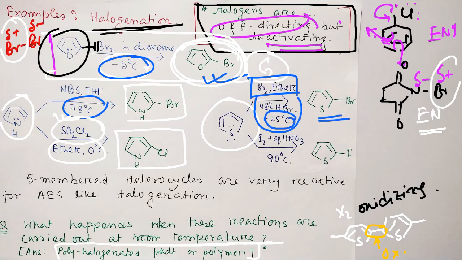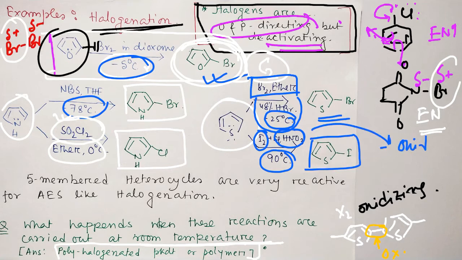And in the case of iodine with aqueous nitric acid at 90 degree centigrade, you see this two substitution. By the way, nitric acid in this case is an oxidizing substance, meaning it withdraws electron from somewhere else, and iodine is a halogen with relatively lower electronegativity, so it is easier to withdraw electron from iodine.